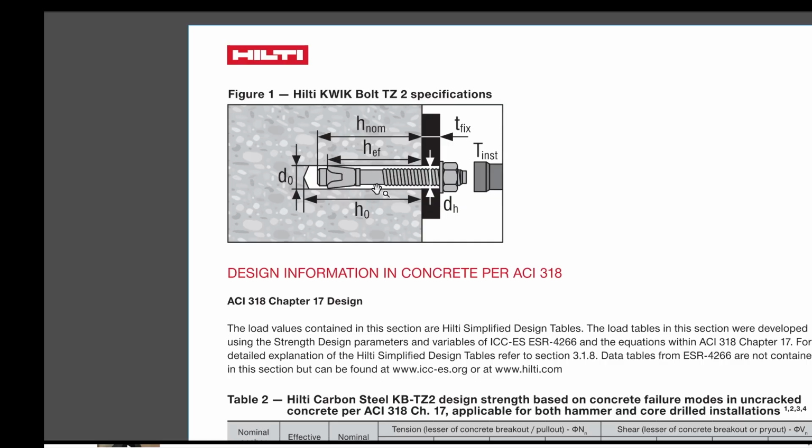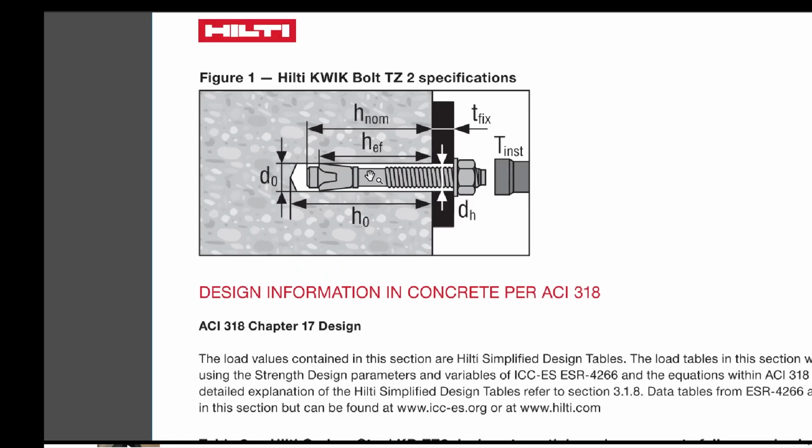Here, let's take a look at this expansion anchor. It is installed in a pre-drilled hole. When we tighten the nut, the expansion point on the anchor will start to expand, and it is becoming tighter and tighter against the solid substrate.